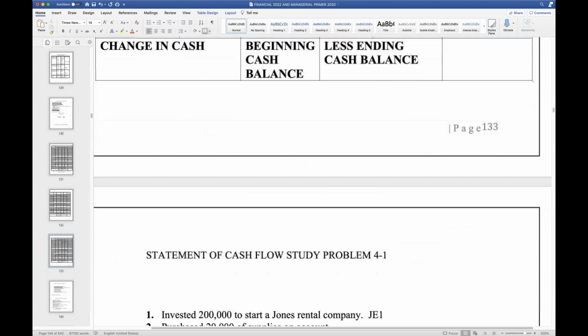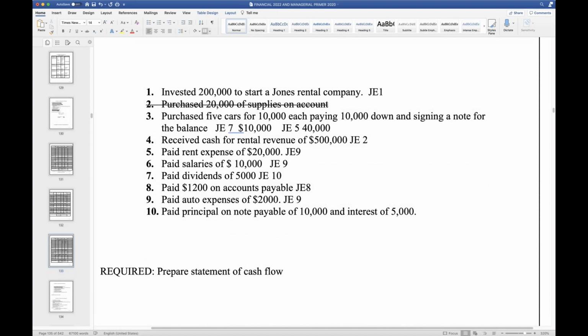Okay, and what we're gonna do with paid principal on the note of 10,000 and interest of 5,000. So here we have 2 different transaction types. Notes payable is probably gonna be 8, so this is a type 8.